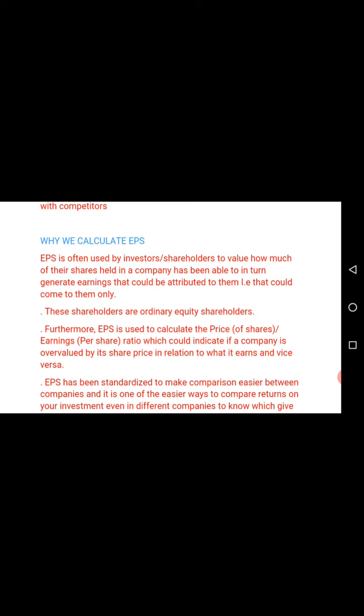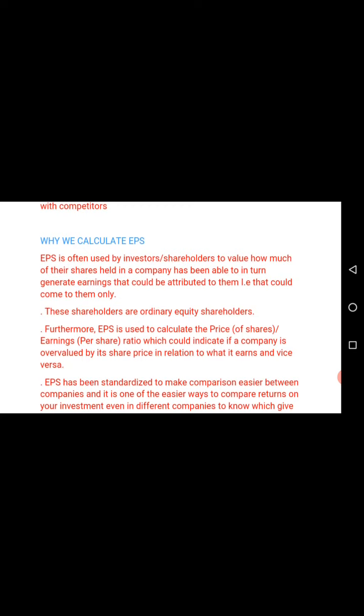I expanded it here. I wrote the price of shares divided by the earnings per share ratio, which could indicate if a company is overvalued by its share price in relation to what it earns, and what it earns is the profit attributed to the shareholder, and vice versa.